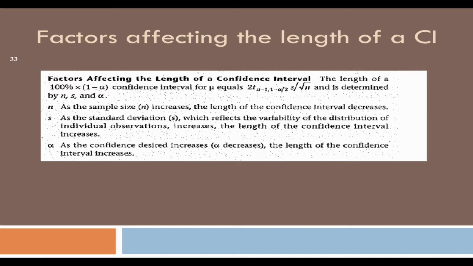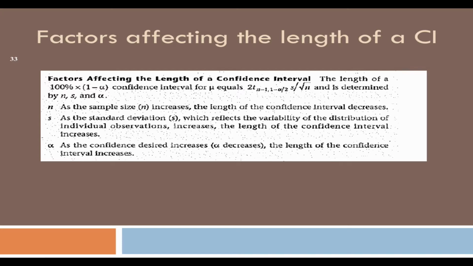Remember, it's really about this formula. If n gets bigger, this whole thing gets smaller, and the length gets decreased. If s gets smaller, meaning the population variance is smaller to start with, this whole thing gets smaller and the length gets smaller.